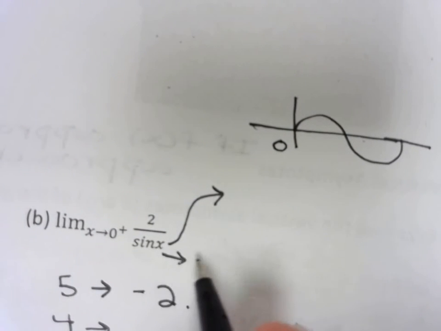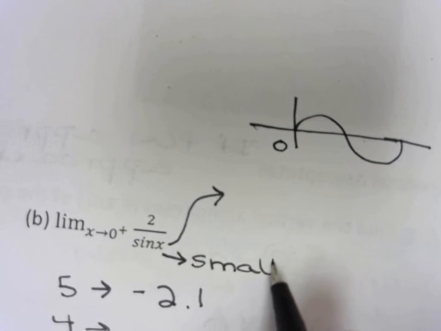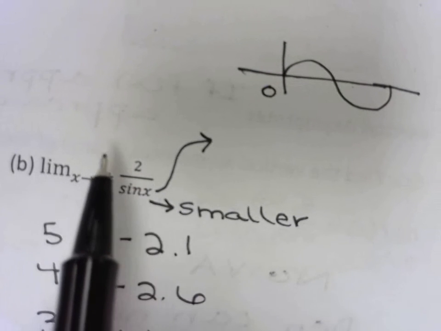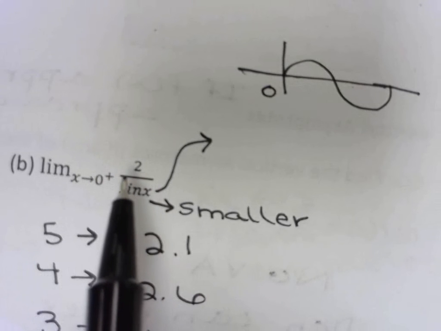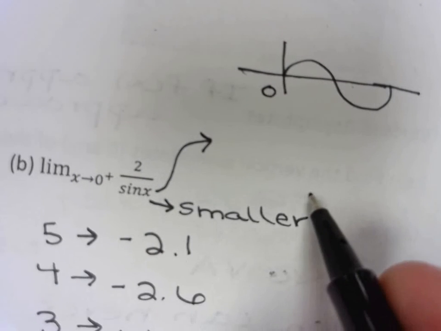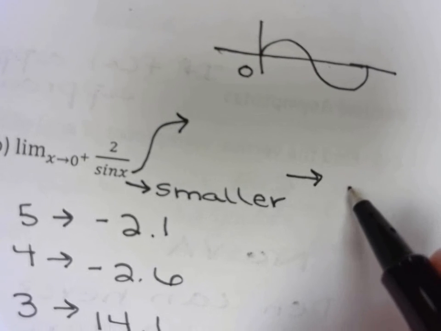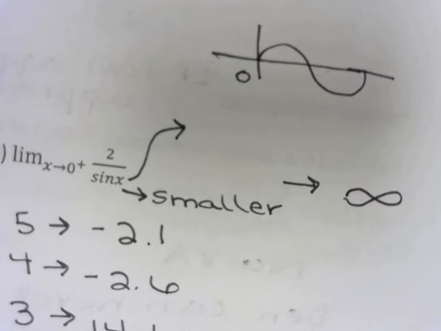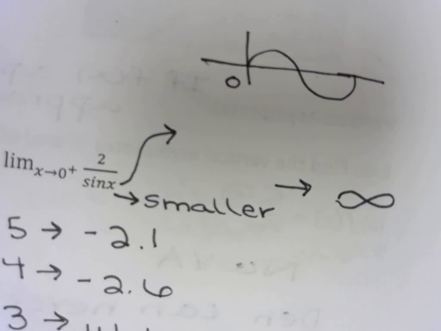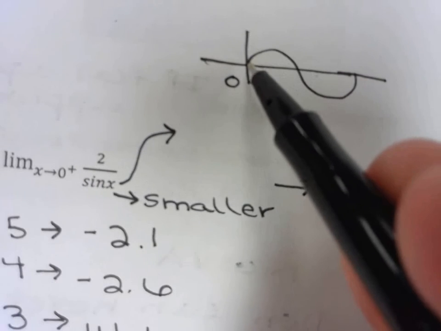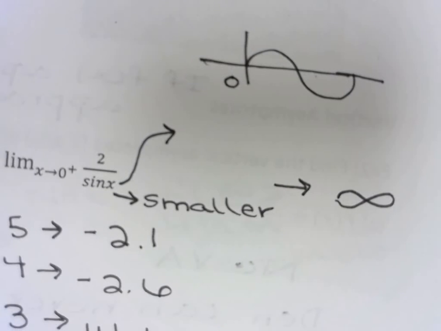So if my denominator is getting smaller and my numerator is a constant, what is my entire fraction going to? It's getting bigger. So it's going to infinity. And is it positive or negative infinity? My 2 is positive, and my y values as I go from the right are still positive because they're above the axis. So it should be going to infinity.